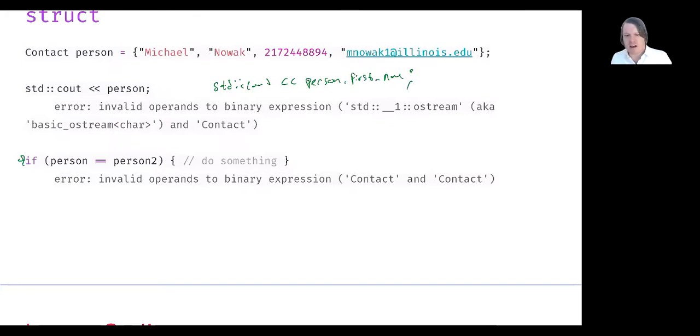The binary operator that we use for equality has not been defined for objects of contact on the left-hand side and contact on the right-hand side. And again, in due time, you'll learn how to define all of this. But for now, you'd have to actually compare the fields individually, because the test of equality for two strings has been defined for the string type that's within the implementation.